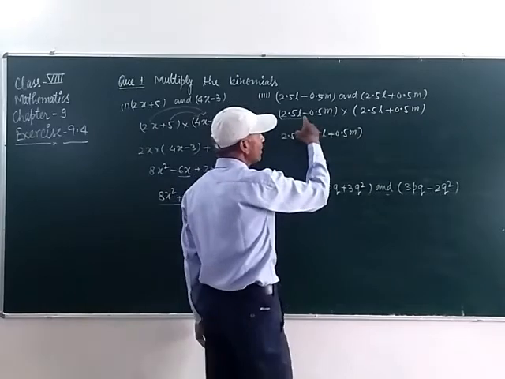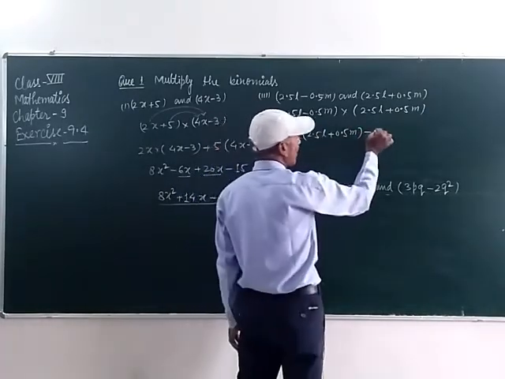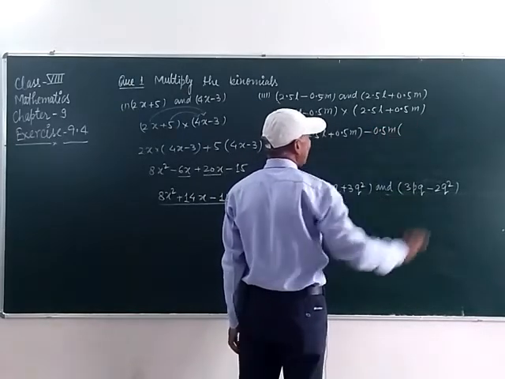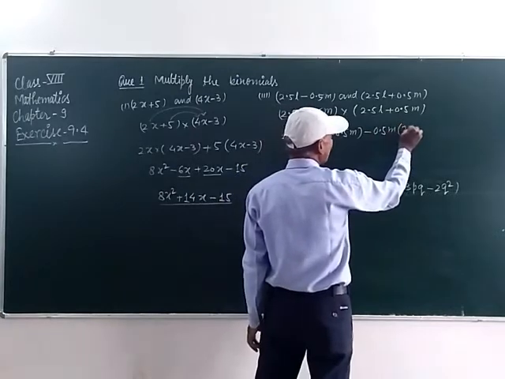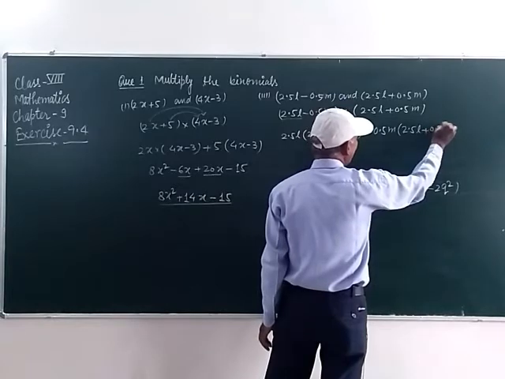After that, this one has a negative sign, so we have to put here minus 0.5M multiplied by 2.5L plus 0.5M.